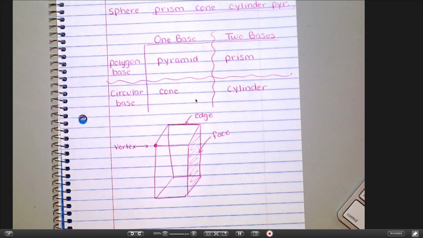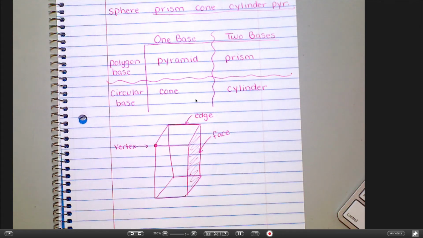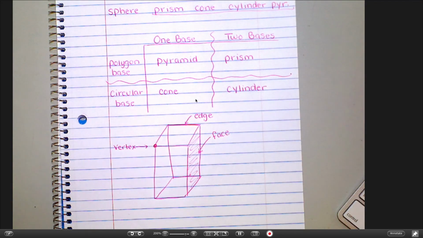So a pyramid is going to have one shape, like a triangle or a rectangle or something, and then all triangles for the lateral faces. Probably not. I don't think you'll need them for today. If you do a prism, you're going to have two of some shape, like two triangles, two pentagons, two something, and then rectangles all around those edges. Okay? I think we're good for today.